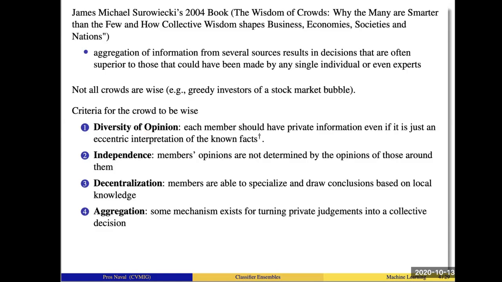Some stock market traders look at the moon to guide them in their decision to sell or buy stocks. So you might think, these guys are crazy. Why look at the moon? This seems to be an eccentric way of viewing things.